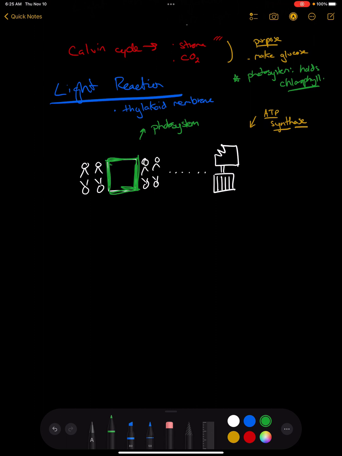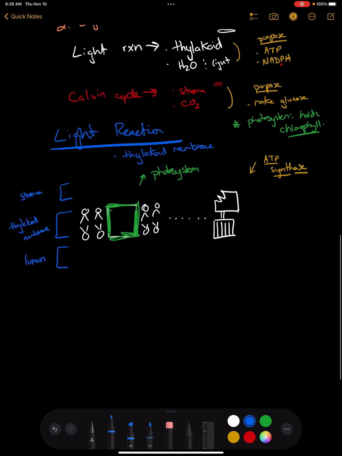Okay, so let's talk about locations really fast. This right here, this membrane, is my thylakoid membrane. Up here in this space, this is going to be that stroma. And then the space down here, this is my lumen.